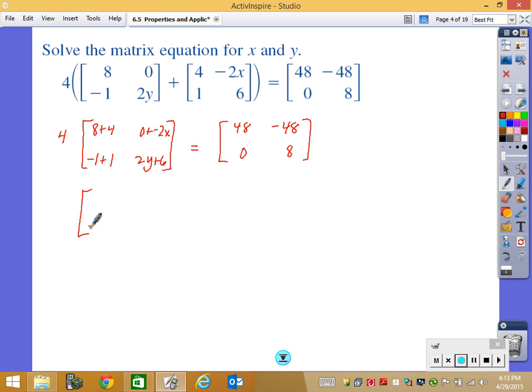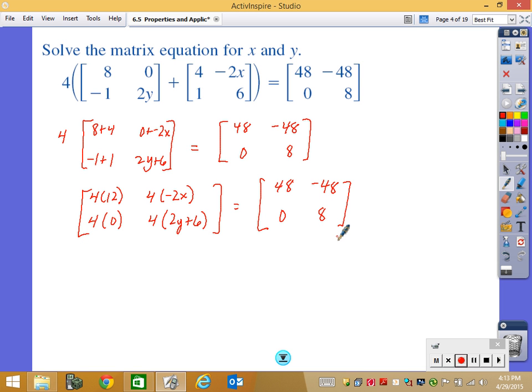So then, when I scalar through, I have 4 times 12, 4 times a -2x, 4 times a 0, and 4 times 2y plus 6. So again, equal 48, -48, 0, 8.